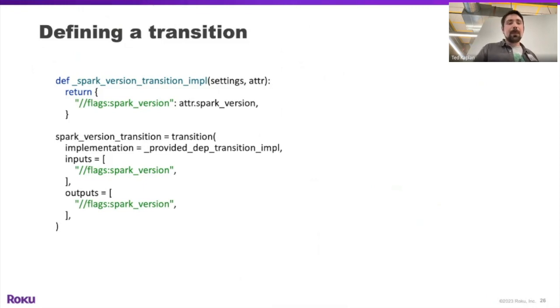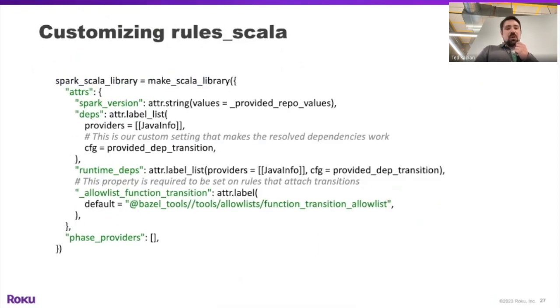And this is just a quick example of what a transition definition looks like. It just returns a flag and the value you want to set it to. So thankfully, rules_scala is nice and customizable, and it actually provides plumbing to let you define custom versions of all of its rules.